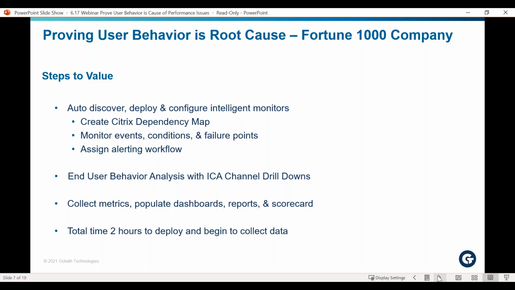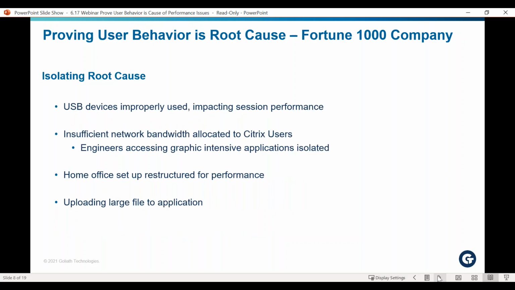If you go to the next slide, I just picked out 4. Now, there were a lot of issues we found in this environment, and some of them were not enough network bandwidth, underutilized or overutilized servers, etc.